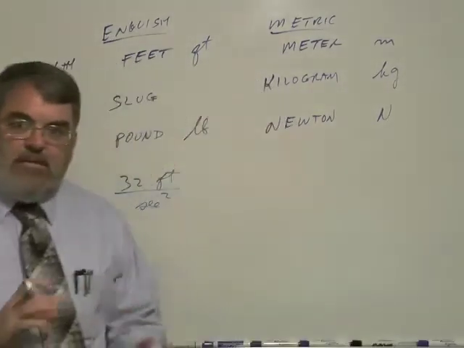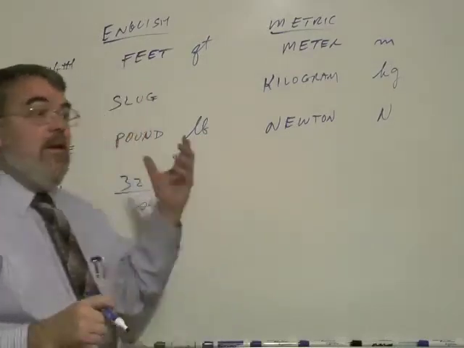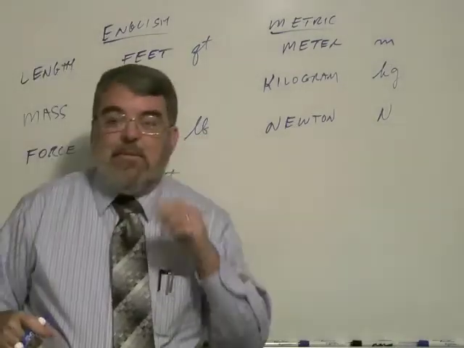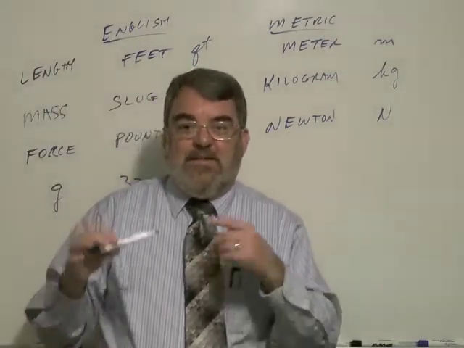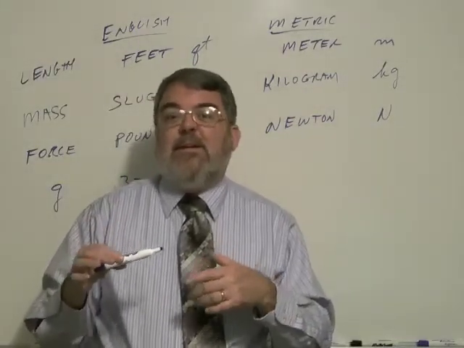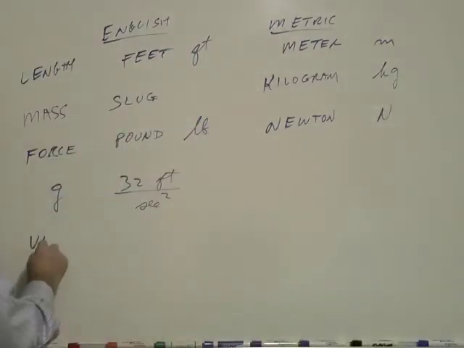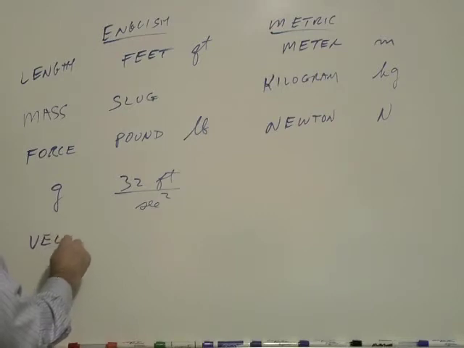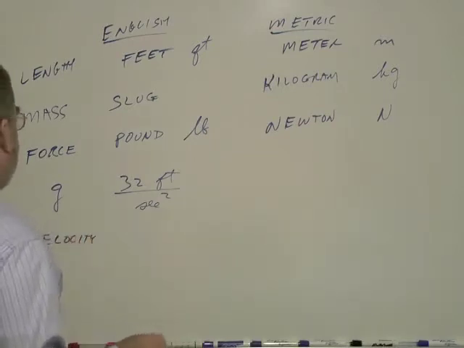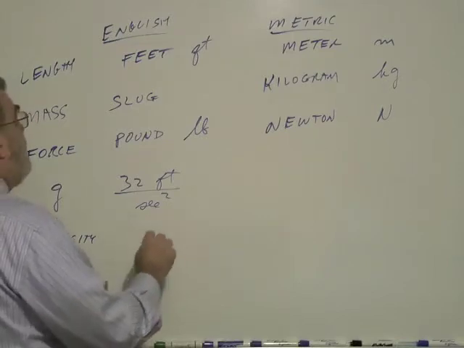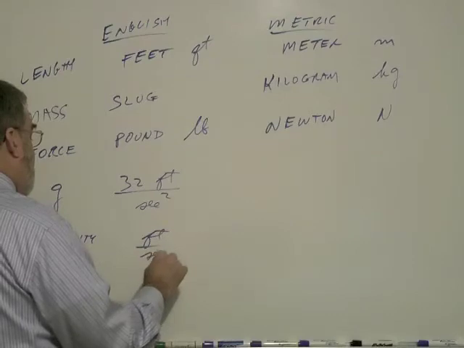It's a measurement of gravitational acceleration, which in the English system is usually measured in terms of how fast the velocity is increasing every second. The units of velocity, or speed, and I'll talk about the difference in a minute, are feet per second.